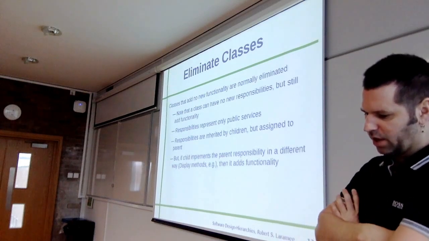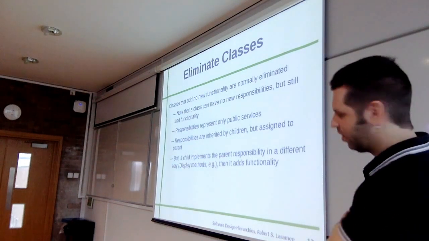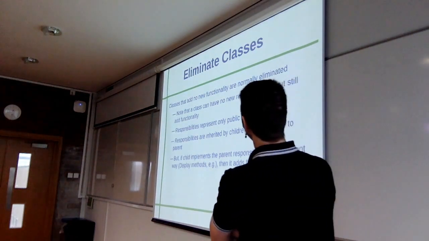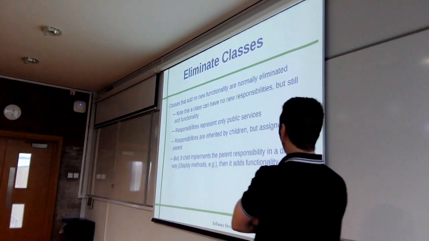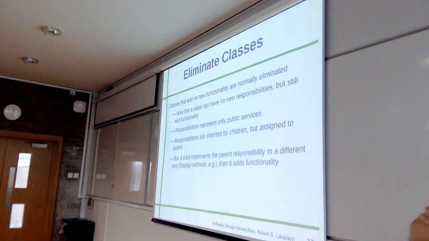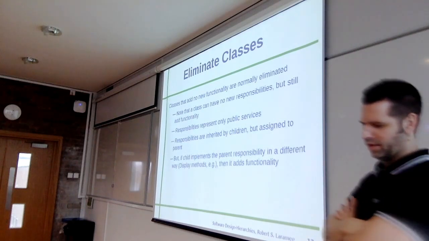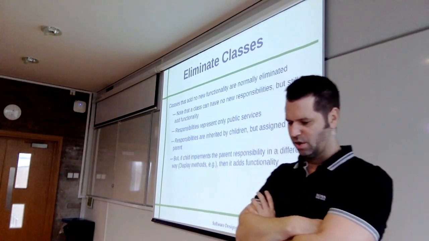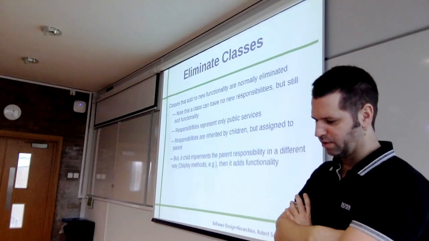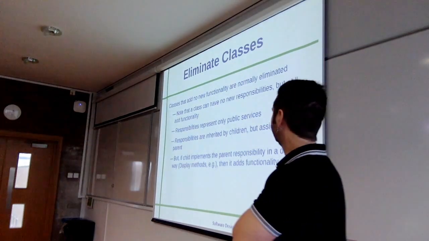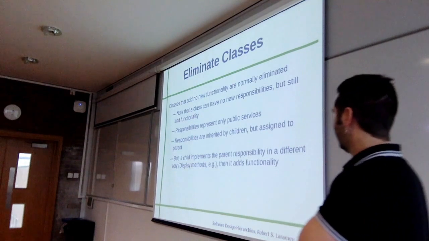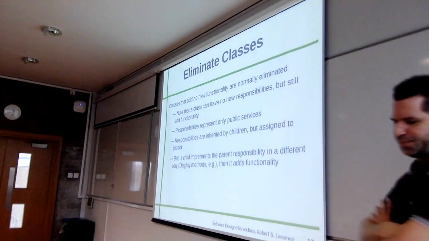Eliminating classes. So classes that add no new functionality are normally eliminated. That doesn't happen very often. It's a rare event. Note that a class can have no new responsibilities but still add functionality. Right? If it's an abstract class, for example.